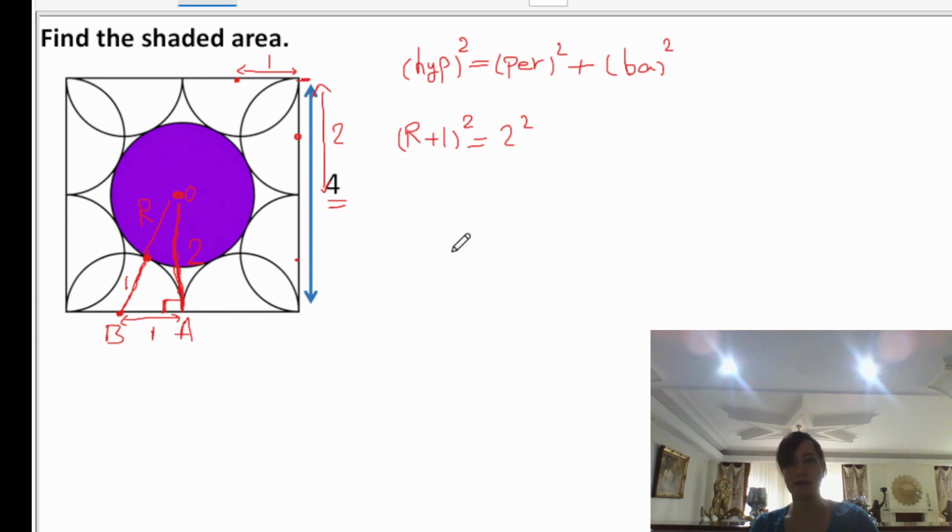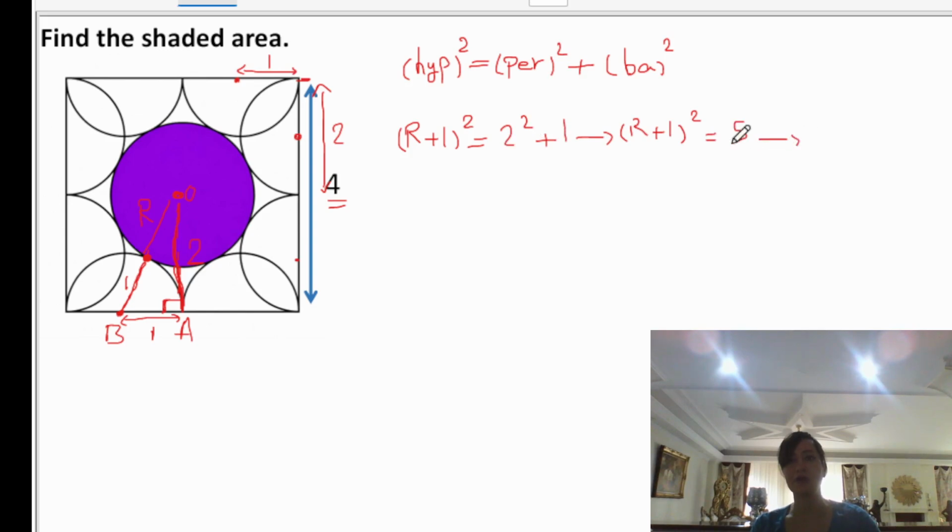And the base is 1. 1 to the power of 2 gives me 1. Okay, so I have (r plus 1) to the power of 2 equals 2 to the power of 2, which gives me 4. 4 plus 1 gives me 5.